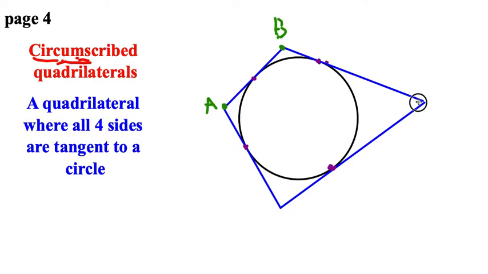And then this is vertex C over here, and D. Those are all points that have a common tangent coming from them, which means, if you think about it carefully, this is congruent to this, and this is congruent to this, and this is congruent to this, and this here is congruent to this. So all those pieces, right? Now, that can be useful, but it's probably better to look at it this way.